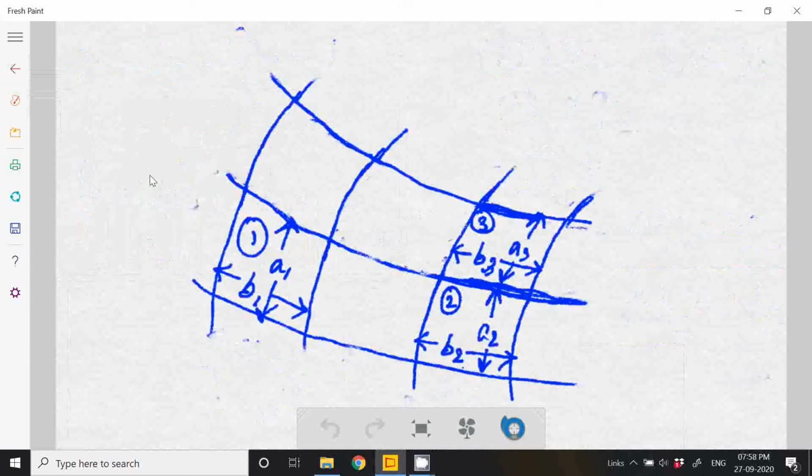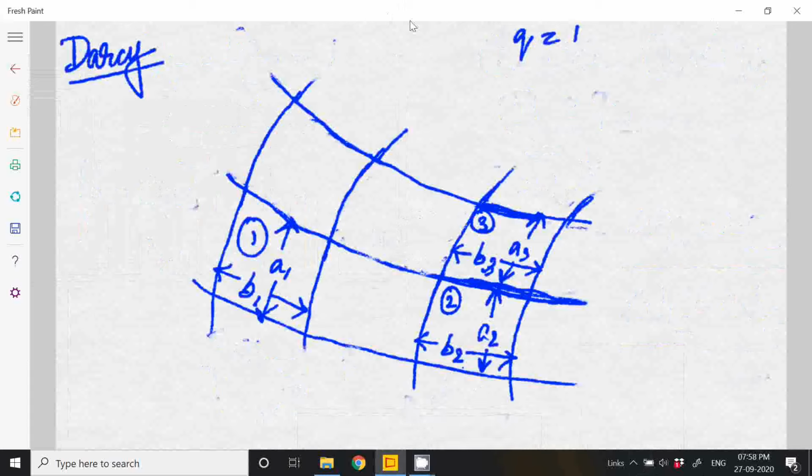Now, if I want to use Darcy's equation, Q is equal to KiA, or we can say K into delta H by L into area.